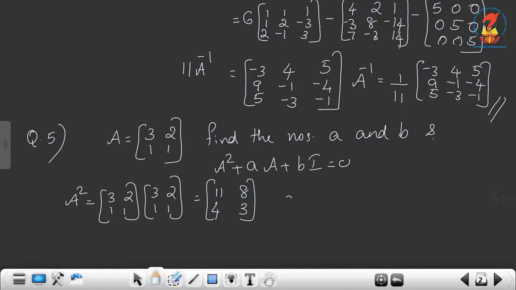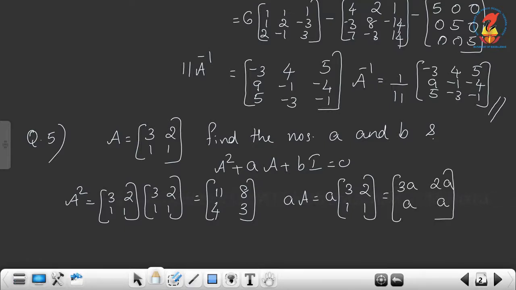Now aA, what is aA? Multiply matrix A by small letter a. So that is 3a, 2a, a. Then we have bI. bI means b 0, 0 b. Here we take I as a 2 by 2 matrix.